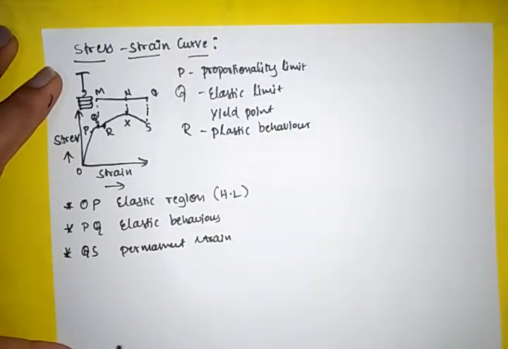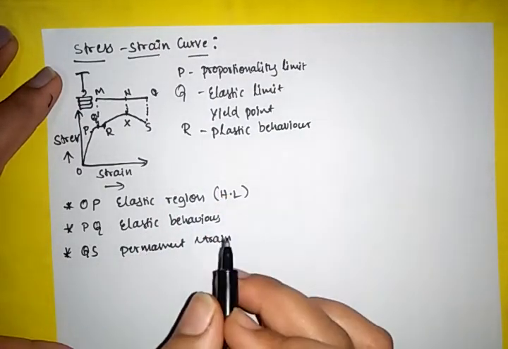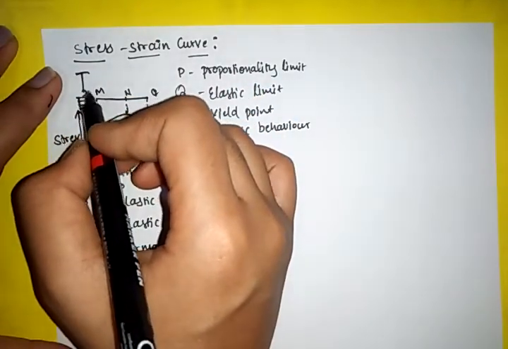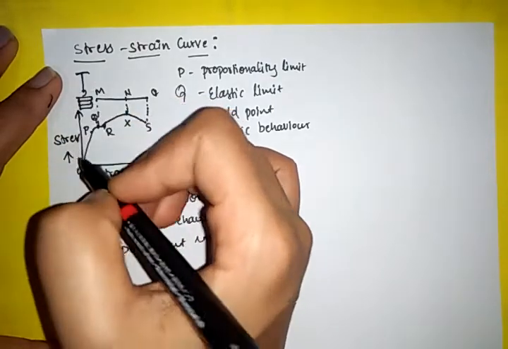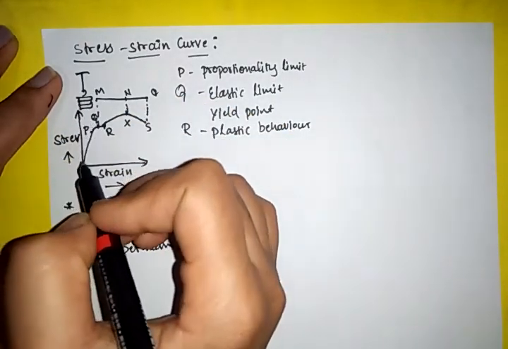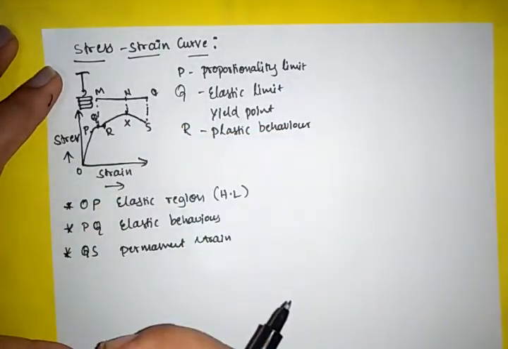The material cannot regain its original dimension at any stage. If the external force is applied on the object, the material cannot regain its original condition.